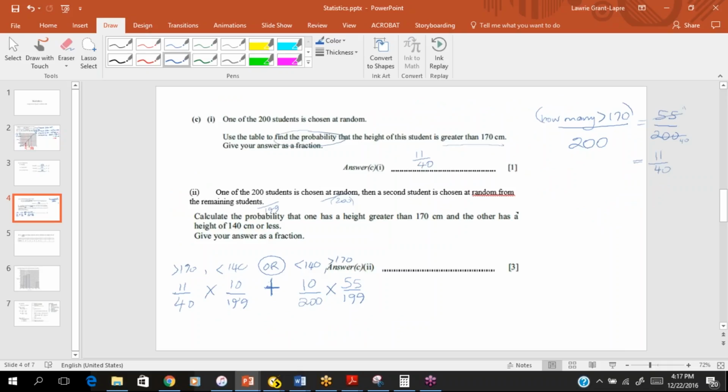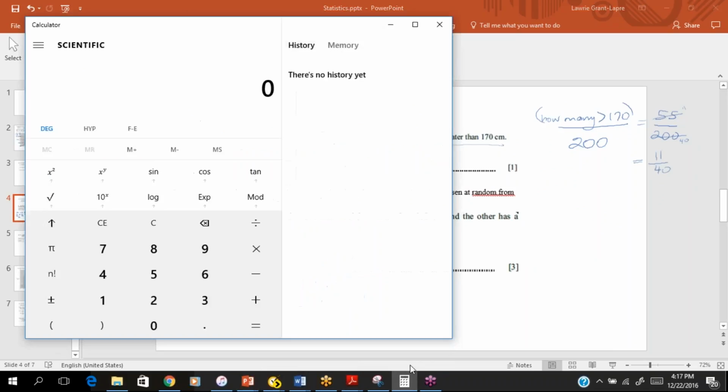So that's 110 over 40 times 199, which is 7960.